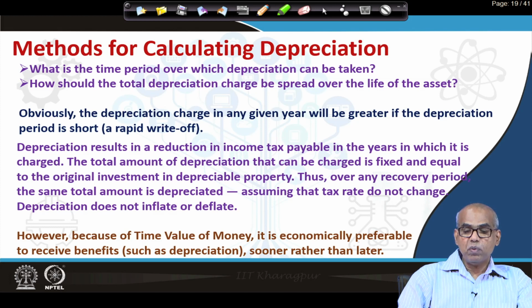It is always economically preferable to receive benefits sooner rather than later. So, that is why you want to push the expenses into the future and bring the revenue sooner. So, for a company, it is economically preferable to charge depreciation as soon as possible.